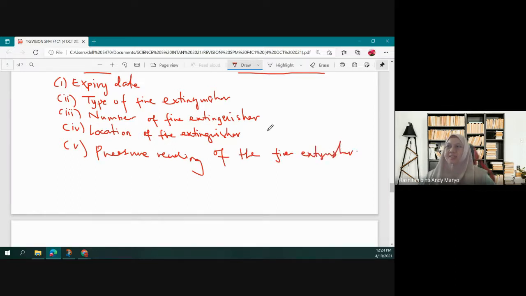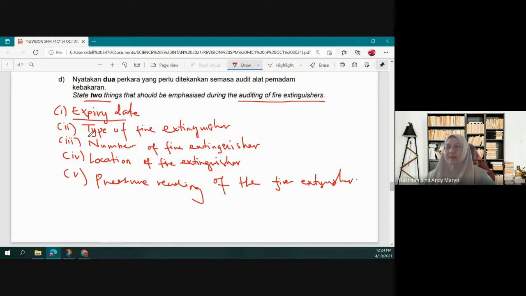You might ask, tak tulis fire extinguisher belakang boleh terima tak? Actually boleh, no problem. Okay, expiry date, type, number, location, and then pressure reading. But for these 3, I recommend to you to write all the fire extinguisher at the back. Okay, type of fire extinguisher, number of fire extinguisher, location of fire extinguisher. This one, expiry date, pressure reading, enough to just write expiry date and pressure reading as well.